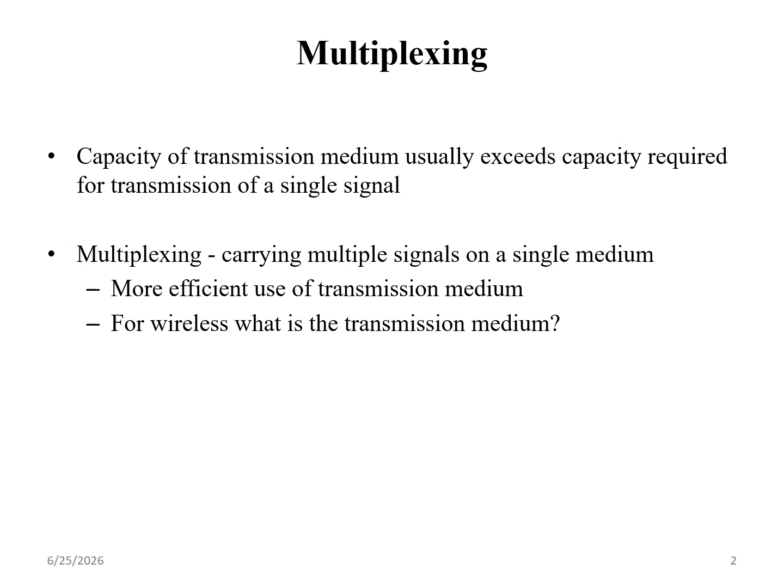The capacity of the transmission medium usually exceeds the capacity required for transmitting the signal from one place to another, or source to destination, or sender to receiver. So in order to make use of this extra capacity, we use multiplexing.